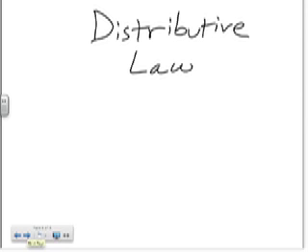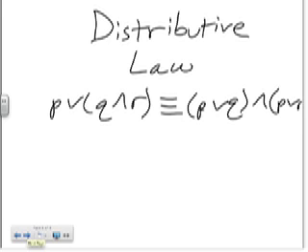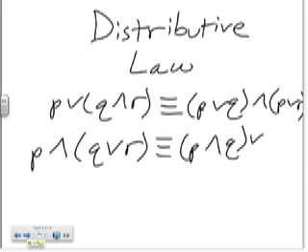It's defined as P or Q and R is equivalent to P or Q and P or R. Similarly, P and Q or R is equivalent to P and Q or P and R.